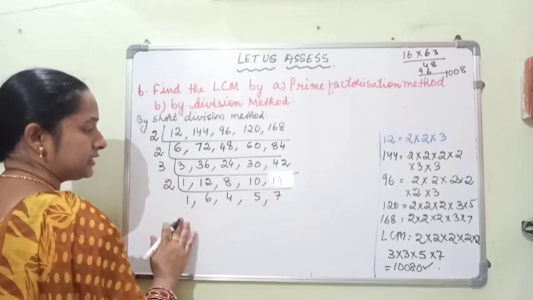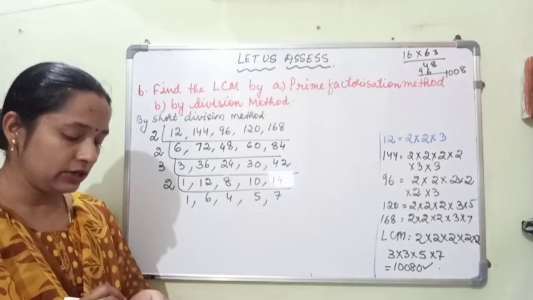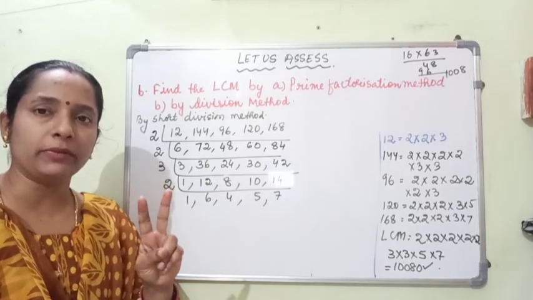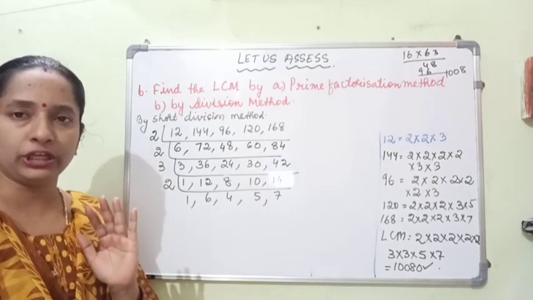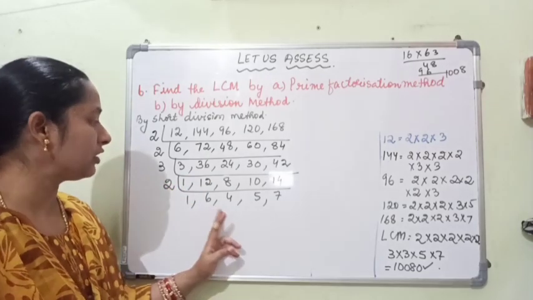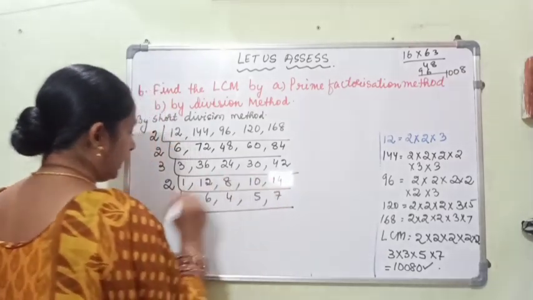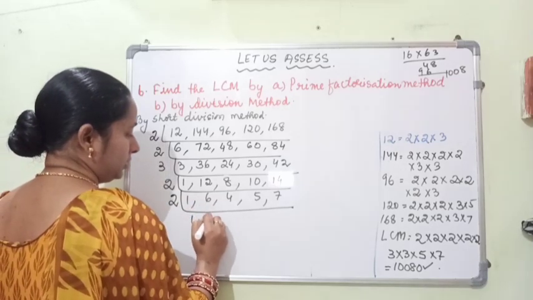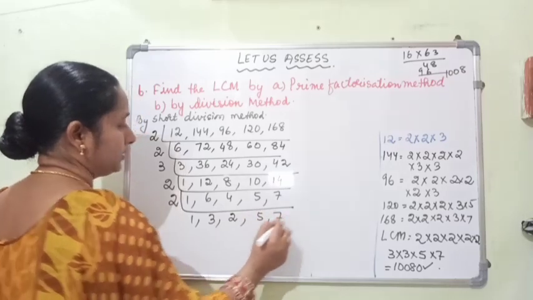As we are finding the LCM by short division method, what we have discussed is that if at least any 2 numbers are divisible by any factor, then you have to continue your division. We have to continue our division until we get all co-prime numbers. So let's divide it by 2, because 6 and 4 can be divisible by 2. 1, 3, 2, 5 and 7.